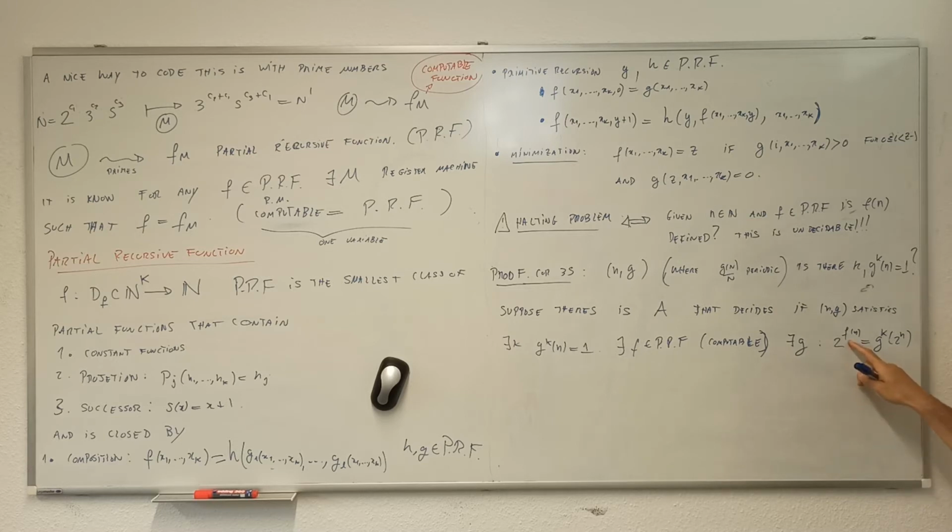Whenever f is defined for n, that's the claim of theorem 33, you start with 2 to the n and iterate, and you get to a power of 2, and that first power of 2 will be exactly 2 to the f of n.